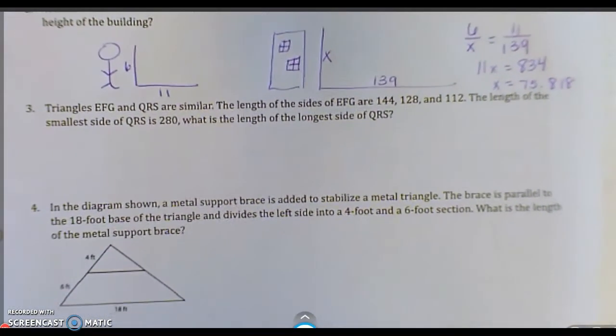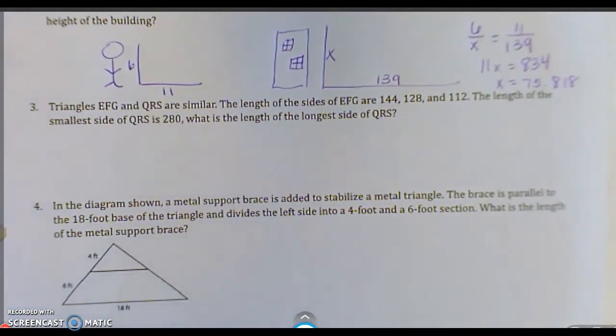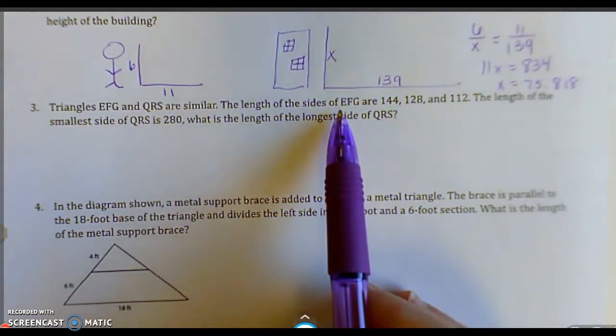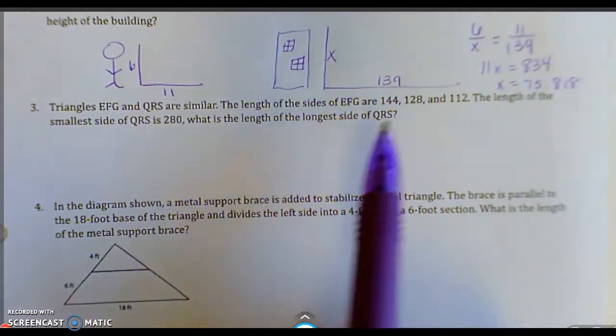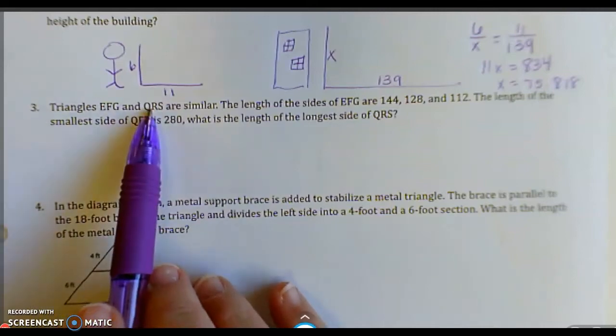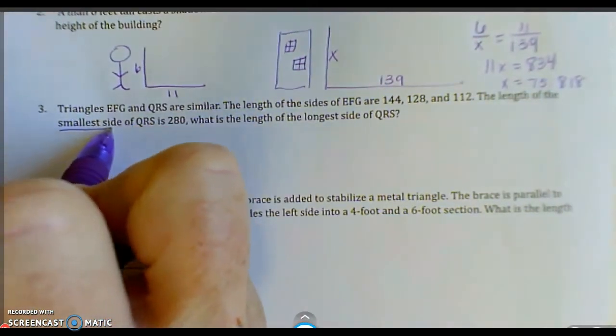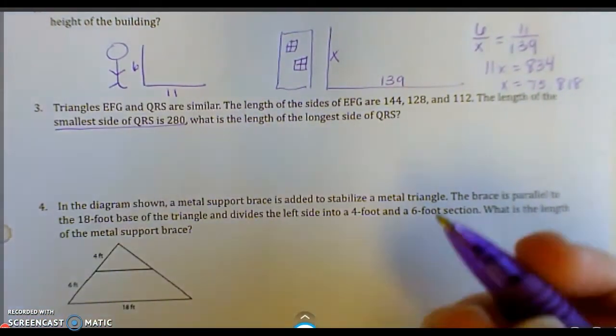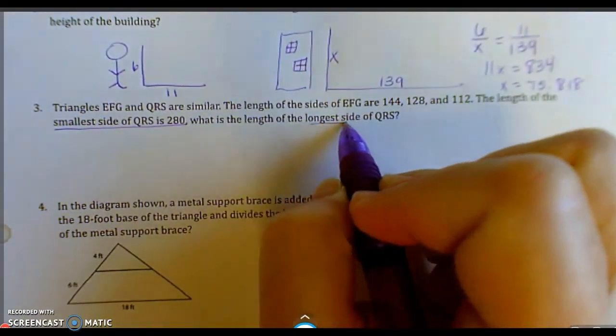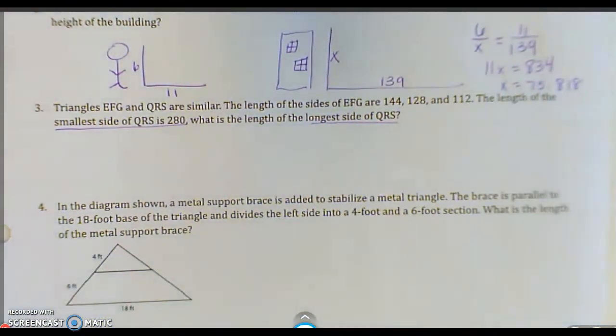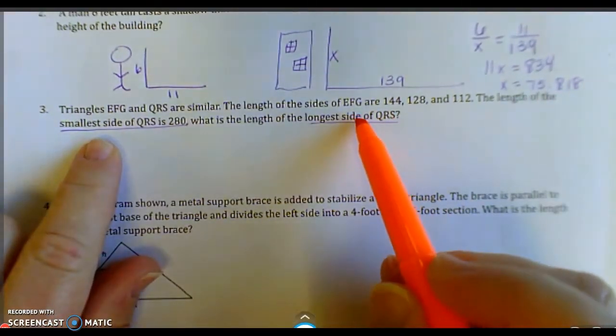Alright, next. It says that we have these two triangles that are similar, and it tells me the lengths of the sides of EFG. And it tells me the smallest side of QRS is 208, and we want to know the longest side of QRS. Now, I can draw these two triangles if it is helpful for you, but here's the important part. It tells me that I want to know the smallest side, and I'm looking for the longest side.